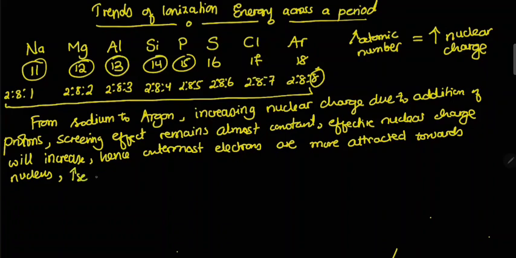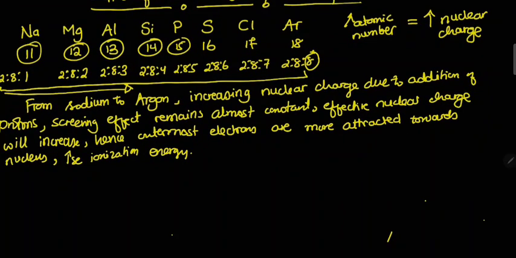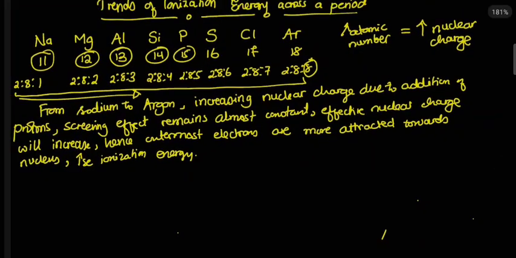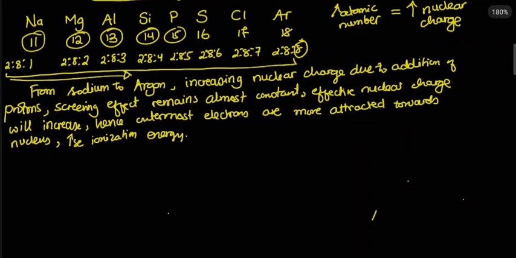This will increase the ionization energy. So you see, we have now derived that ionization energy increases along a period. Take any period, whether period 1, 2, 3, 4, any, the ionization energy will generally increase.